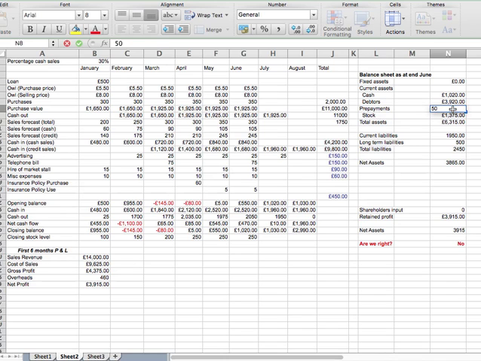So I'm going to put £50 in there, and because my total assets was the sum of those, it's already picked up the fact that I've added a new one in, and what we see nicely is that that has now corrected the error, and we're now right.